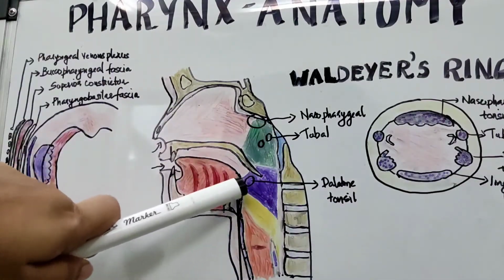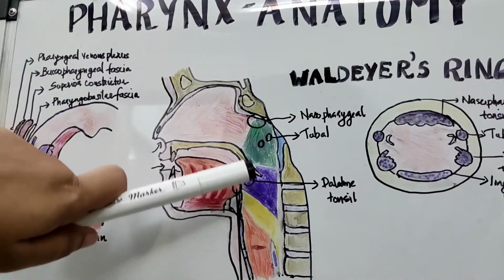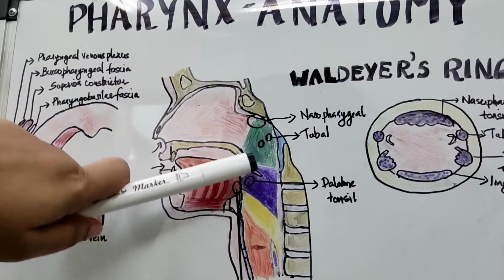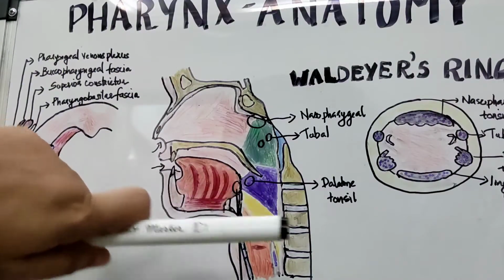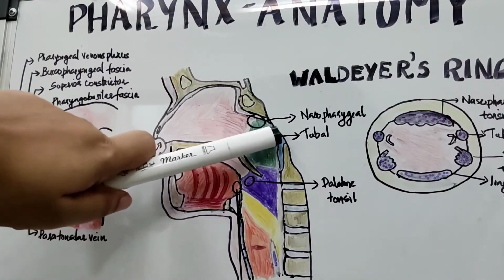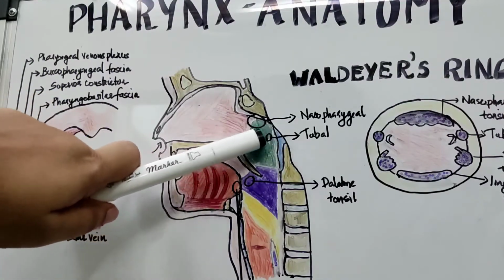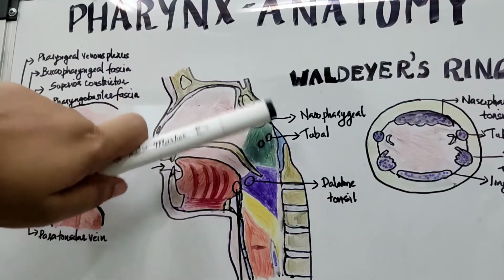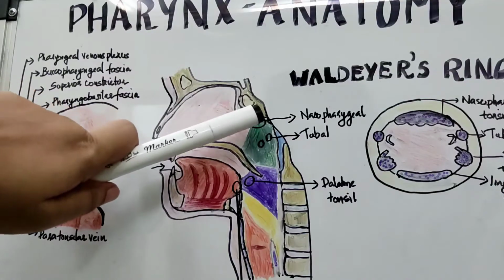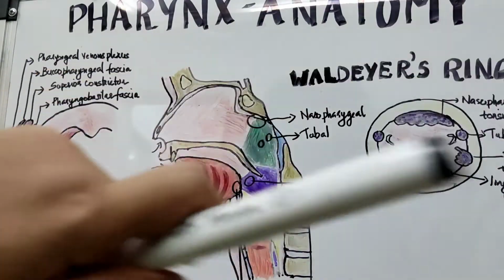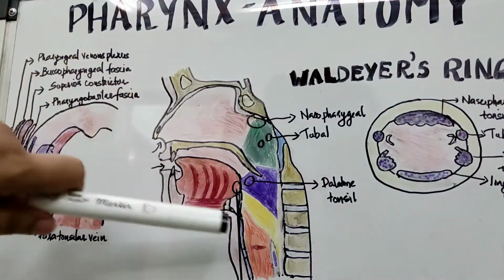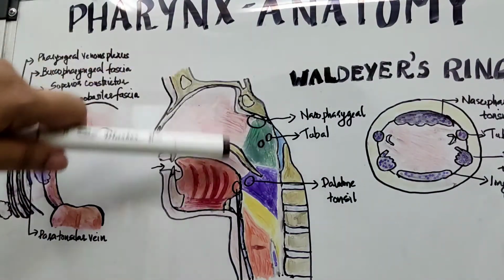So the palatine tonsil is seen on either side laterally below, the tubal tonsil on either side laterally above, and the nasopharyngeal tonsil posteriorly and above. These locations together form a ring.